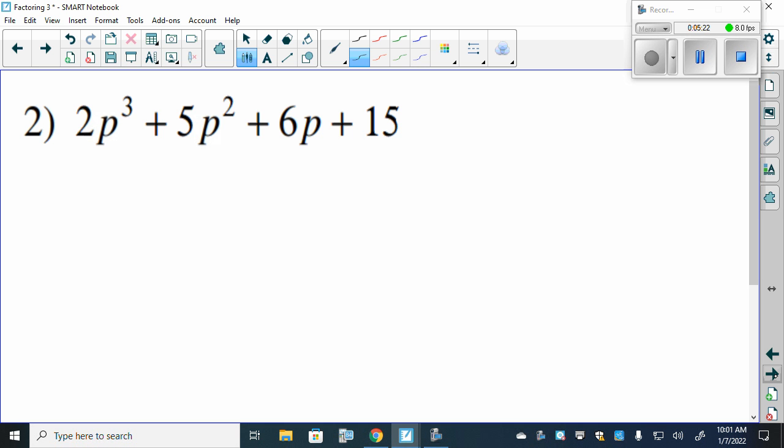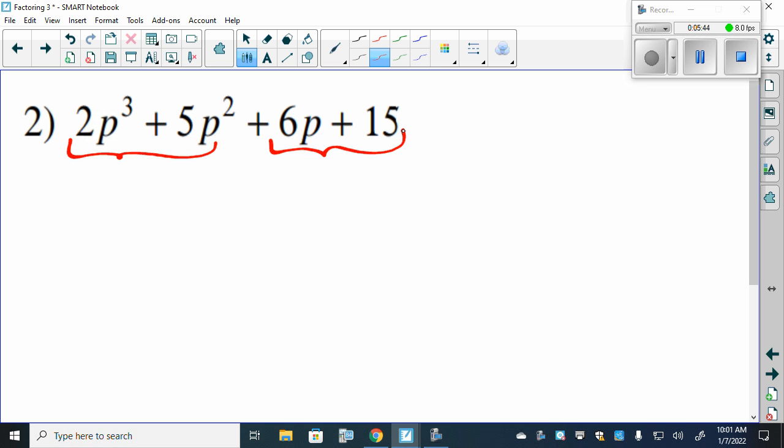So what we can do is look at the first two terms and the second two terms, because there's 4 of them, and we always want to group them in even amounts or the same amount. So since here we have 4, we can do 2 and 2. We won't want to do 3 and 1. We want to have an even number for both groups.